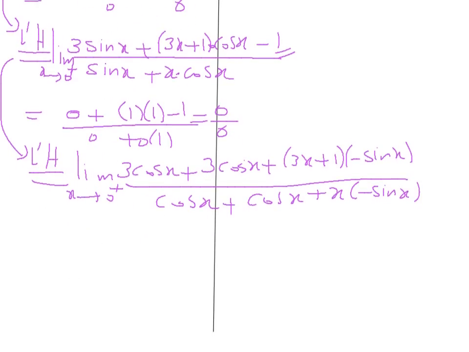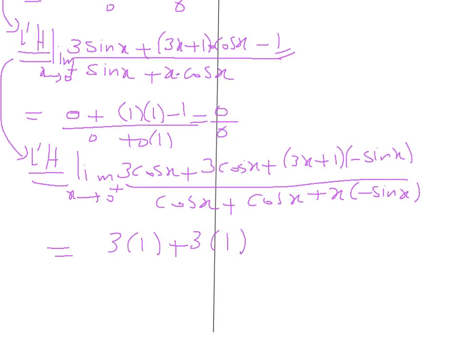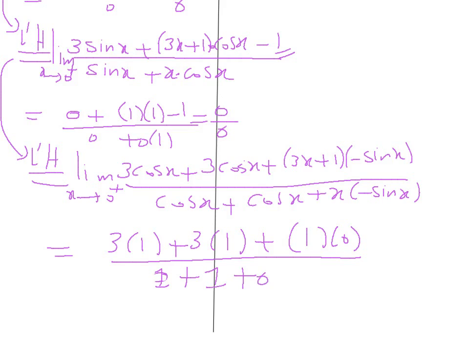So hopefully we get an answer here. This is very long. If you try substitution, this is 3 times 1 plus 3 times 1, plus 0 plus 1, which is 1, times 0, divided by cosine 0, which is 1, plus cosine 0 again, which is 1, and this is 0. So the answer is 6 divided by 2, which is equal to 3.